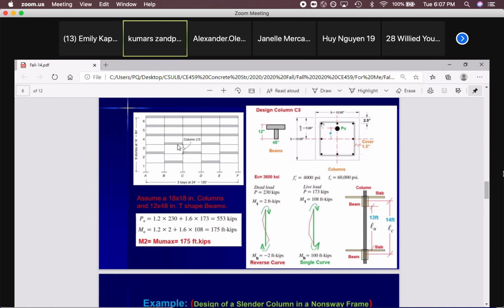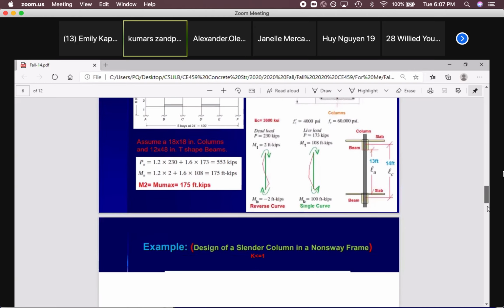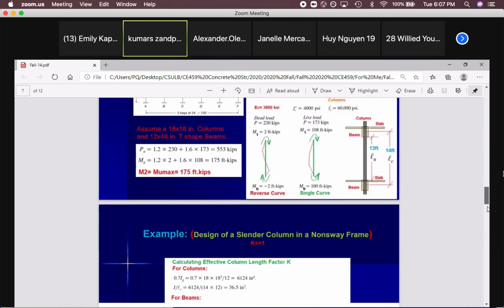And because E is not that important, because we can cross them out, I can write 2I over L for the columns plus 2I over L for the beams, because the height of the columns is similar, size of the columns similar, length of the beams similar, size of the beams similar. So this problem is very easy, because everything is equal.